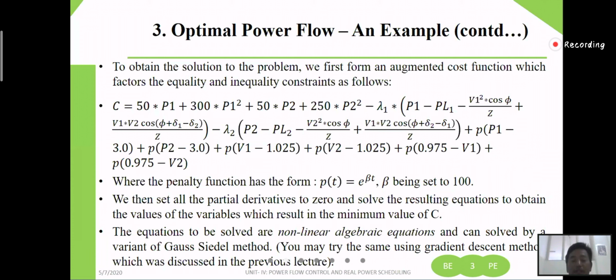I have not done this one here, but you have to do it like this, set all the derivatives equal to 0, form a matrix equation, then solve it and find the solution.